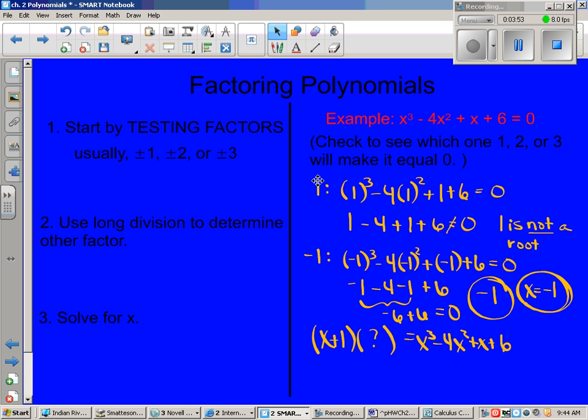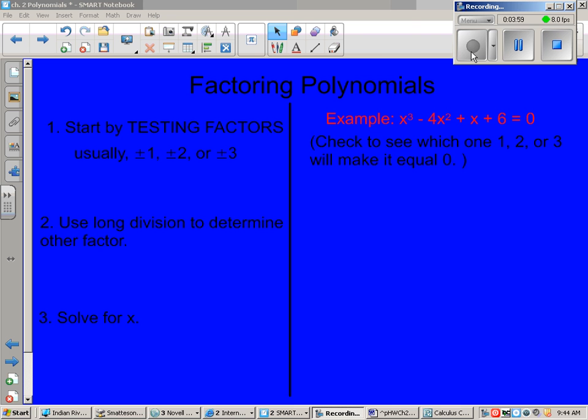Good. Now that we know that -1 works, let's look at the next step. Your next step in this process is to use long division to determine the other factor.